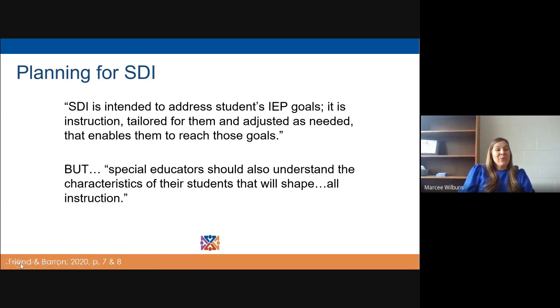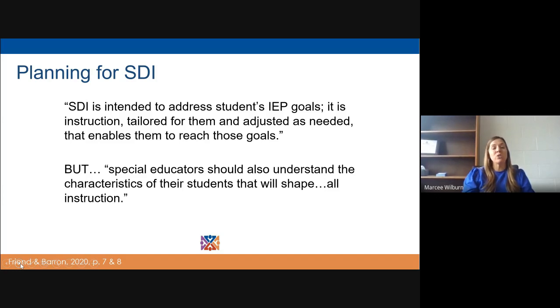So I think this is where it gets to be a little bit tricky. SDI definitely is intended to address the student's IEP goals, but we have so many things that students need to do throughout a school year, and we don't write hundreds of goals within an IEP. We focus on what's most important. So how do we take what's most important within the student's goals and see how it fits within the general education curriculum to show this is a barrier to your learning, this is a goal that you're working towards, and here's how that fits within all of your instruction.